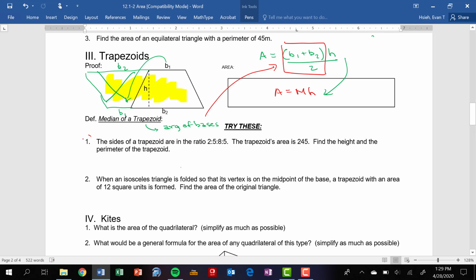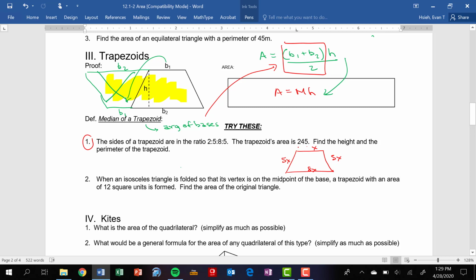The first problem here talks about the sides of a trapezoid in the ratio 2, 5, 8, 5. So I can draw in a trapezoid, and I'm going to make each of these in terms of x, because they're in this ratio. So it's going to be 2x, 5x, 8x, and 5x again, which makes that an isosceles trapezoid.